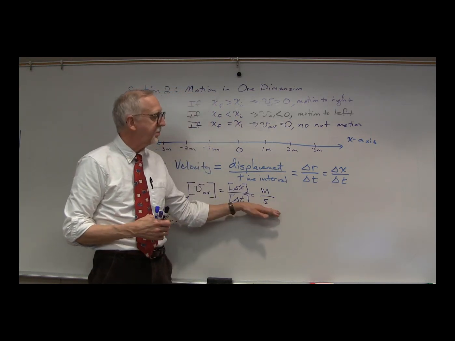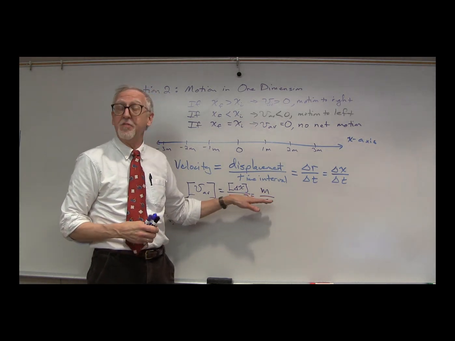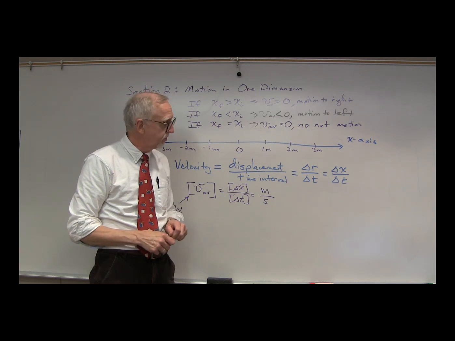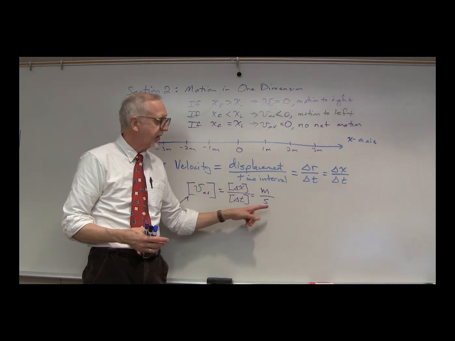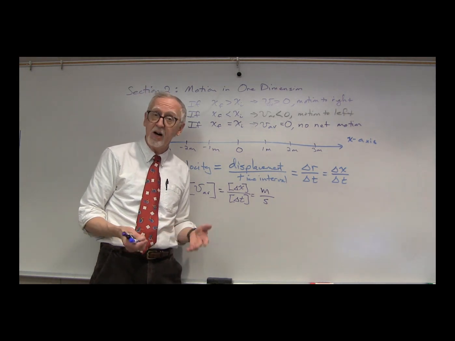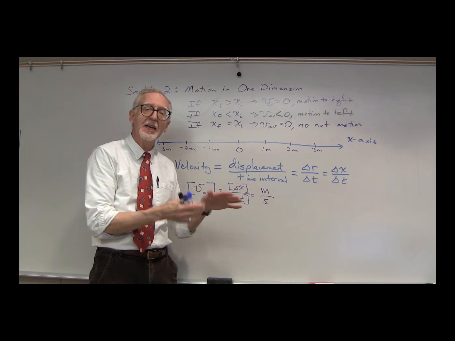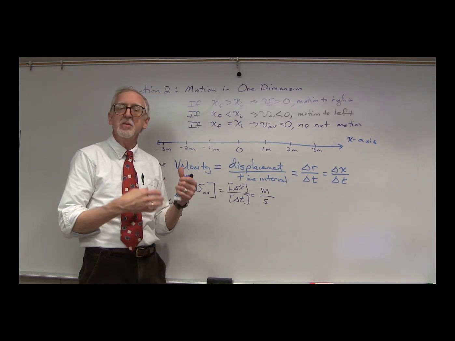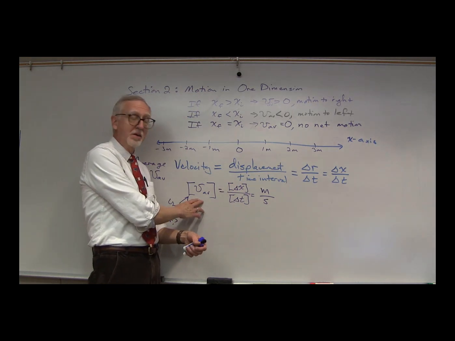Now this is a combination of our standard fundamental SI units. So remember, meters are the standard fundamental unit of distance, seconds the standard fundamental unit of time. Well, we've now made a combination of these. We have put together meters and seconds to make a new unit for a different quantity, velocity.